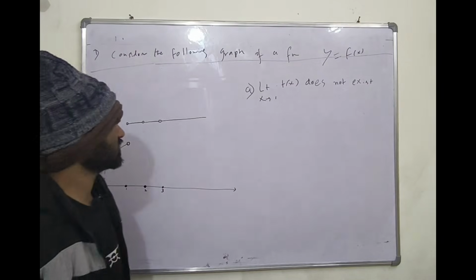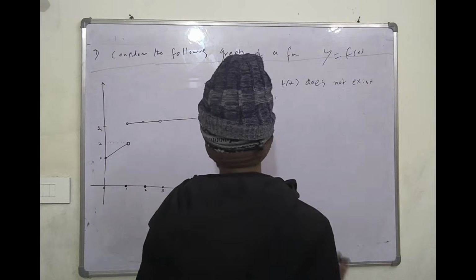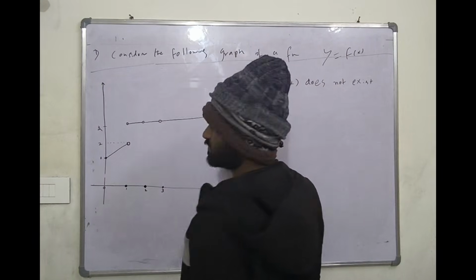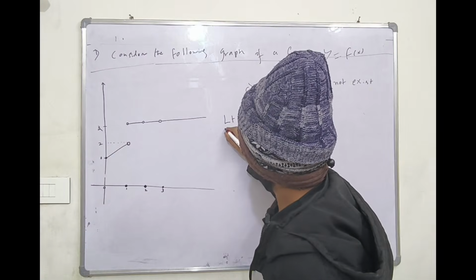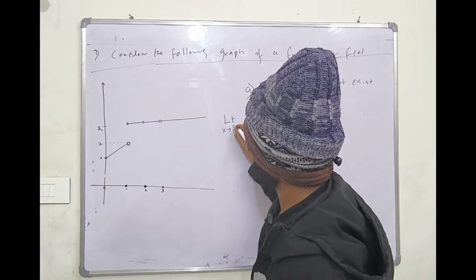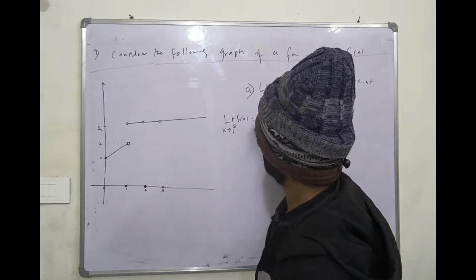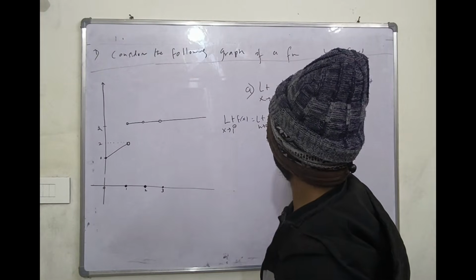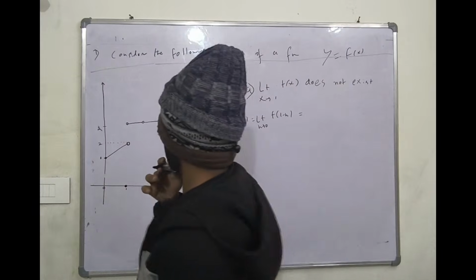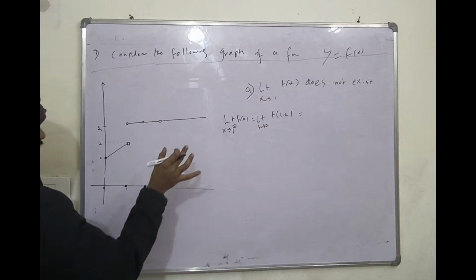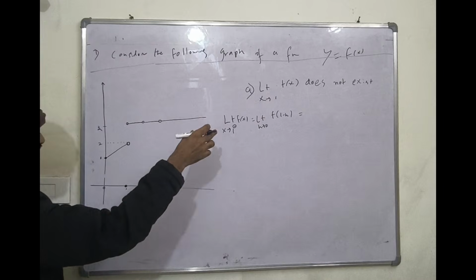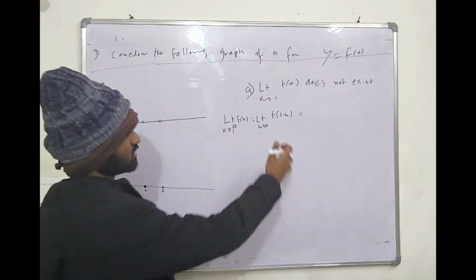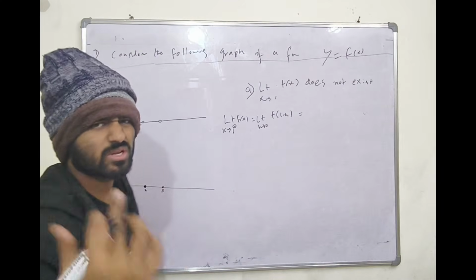So let's find the left hand limit first. Conventionally, limit x tends to 1 minus f of x is limit h tends to 0, f of 1 minus h. Here 1 minus h is just less than 1.